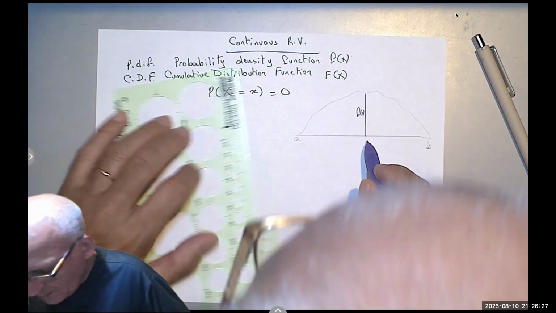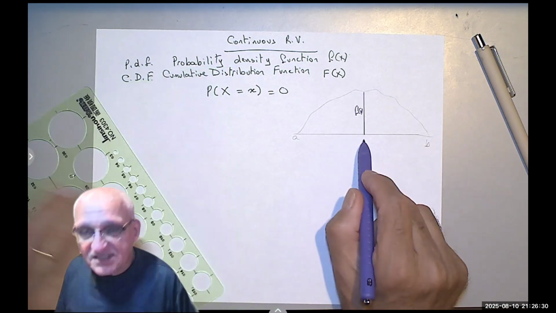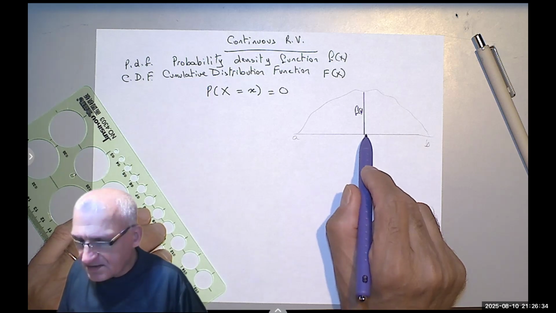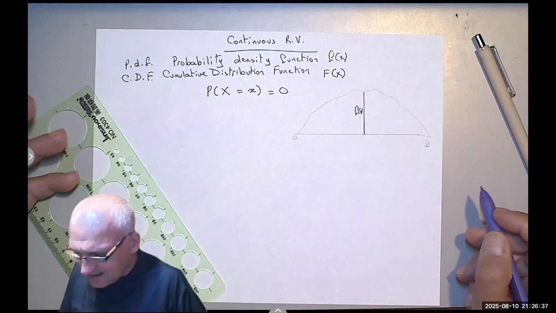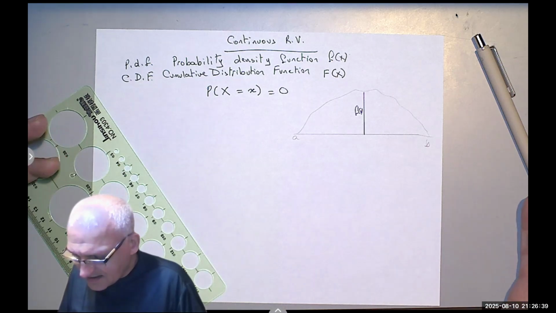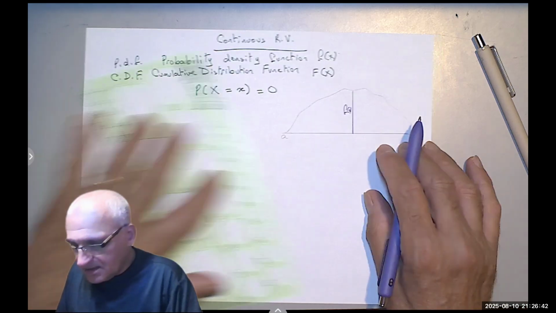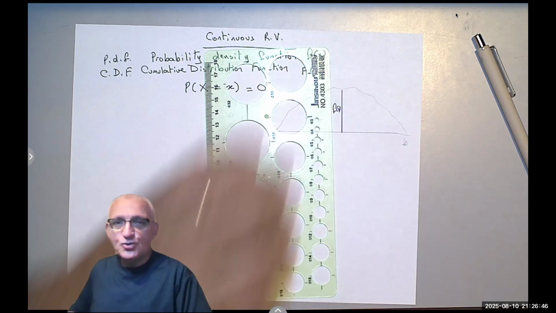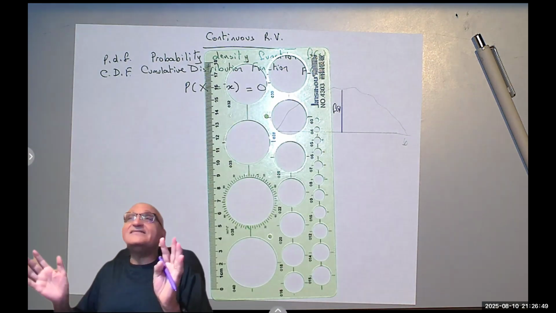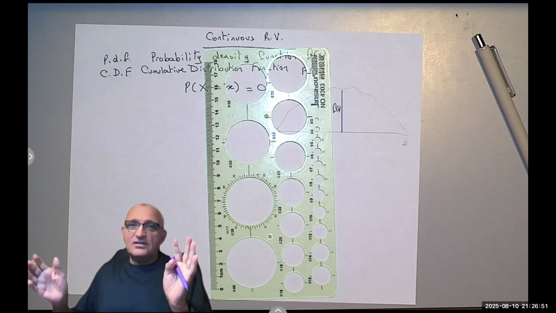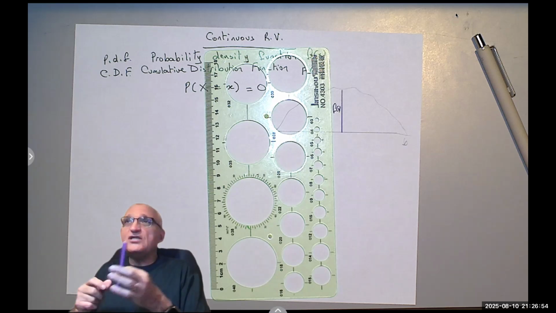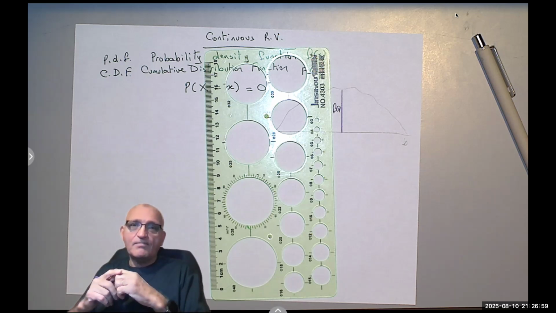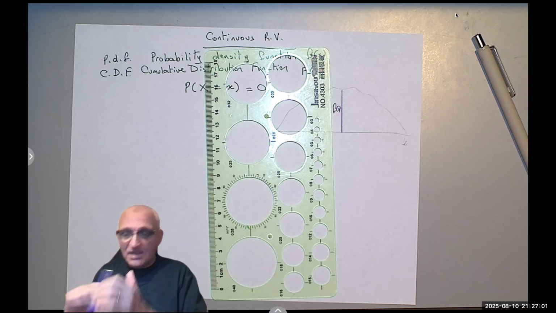So if I tell you what is the probability that x equals this value, you'd say, well, it's the area under the curve at x, but x is a line, and the area of the line is 0. And that's why we cannot take a value exactly at x equals 2. But I can tell you, find the area or the probability that x is between 1.999 and 2.001. Yes, you can, but not exactly at 2.